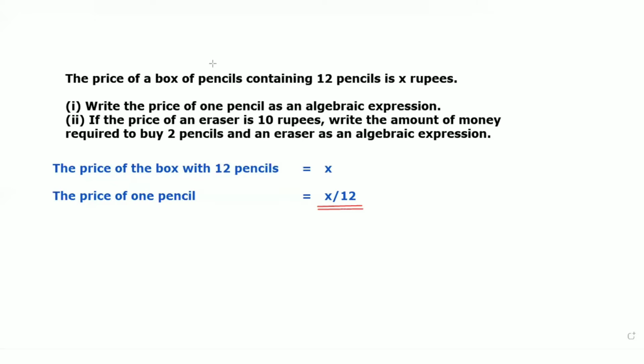Then the second question, Roman number 2. If the price of an eraser is 10 rupees, write the amount of money required to buy 2 pencils and 1 eraser. First we'll take the price of the eraser, right?